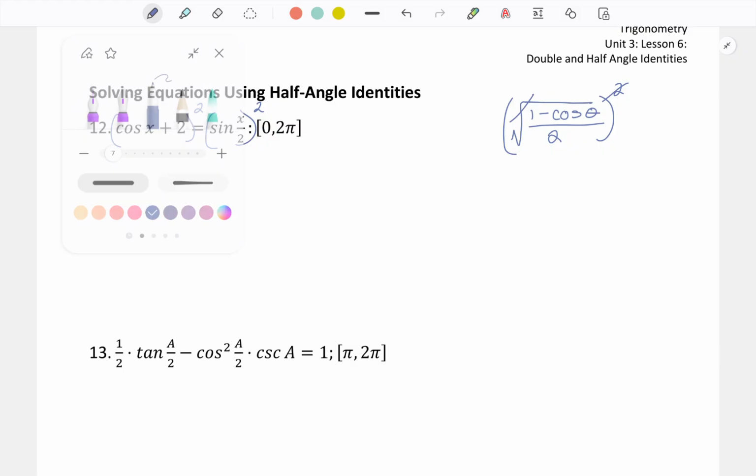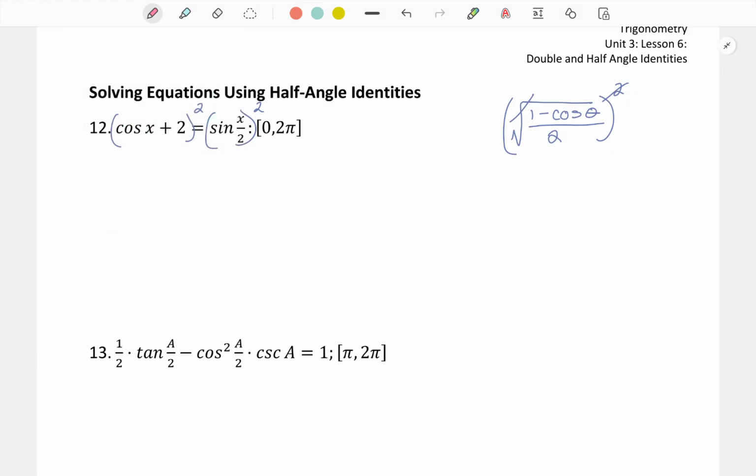So we don't actually have to plug in that radical. So we have cosine x plus 2 squared equals 1 minus cosine theta over 2.